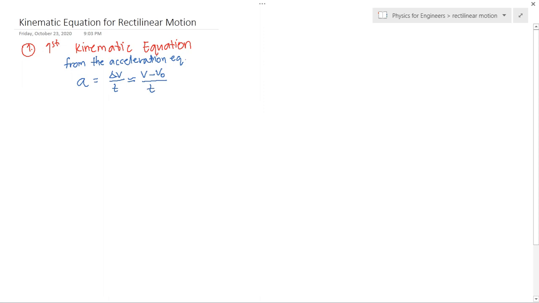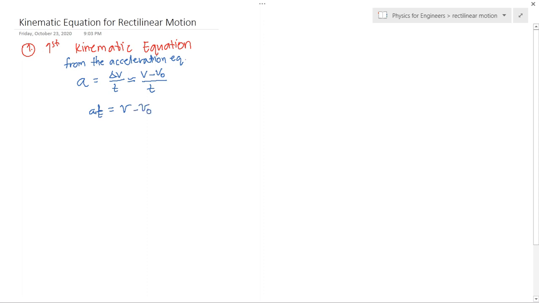And by cross multiplication, let's cross multiply a times t, so we have at, which is equal to v minus v naught.